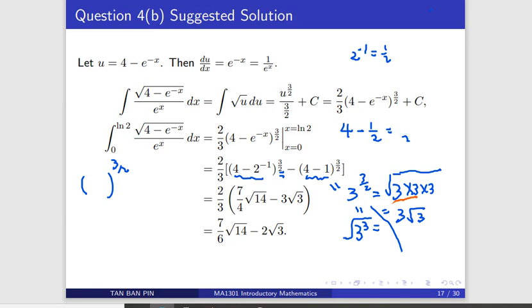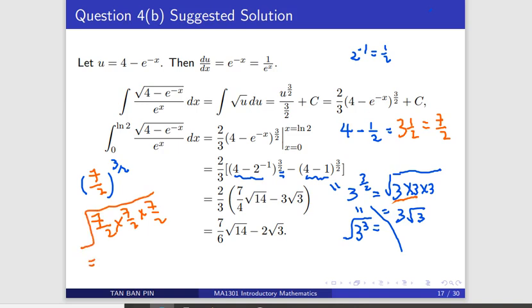As for the other part, you have 4 minus half, right? So it should be 3.5, which is 7 over 2. And then 7 over 2 power 3 over 2 means 7 over 2 times 7 over 2 times 7 over 2, then square root.